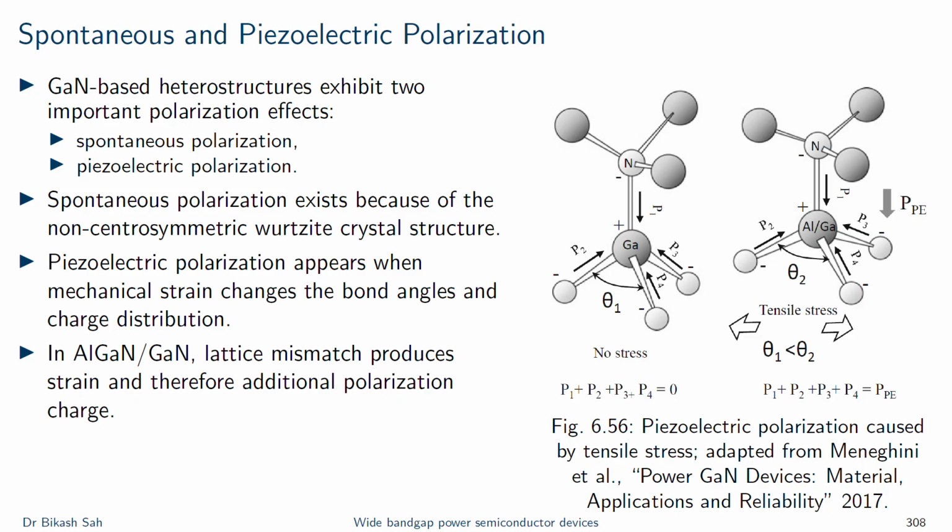This is very important because the discontinuity in polarization creates sheet charge, and that sheet charge attracts electrons and forms the 2DEG, right? So polarization is not just a material property; rather, it actually directs the current path within the GaN HEMT devices.